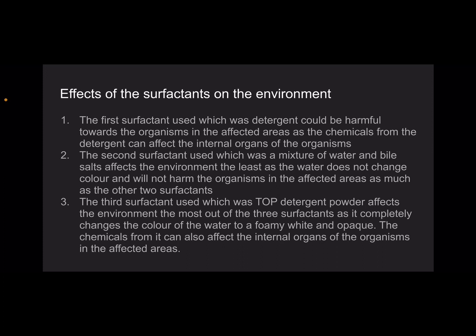The third surfactant used, which was top detergent powder, affects the environment the most out of the three surfactants, as it completely changes the color of the water to a foamy white and opaque. The chemicals from it can also affect the internal organs of the organisms in the affected areas.